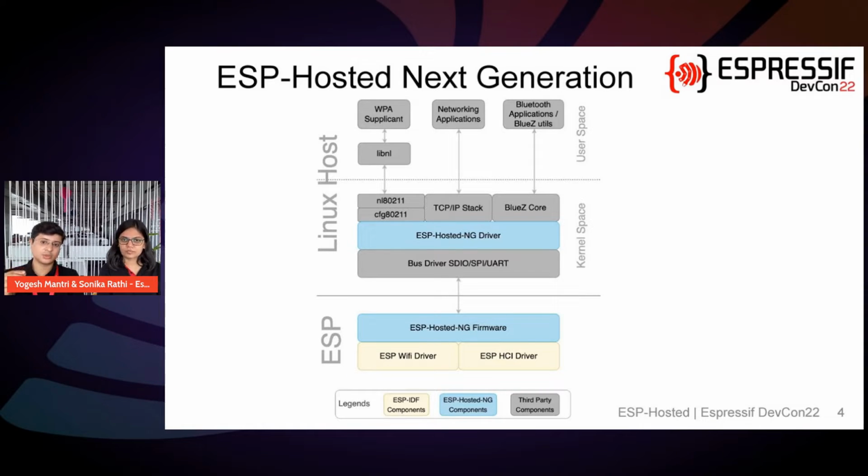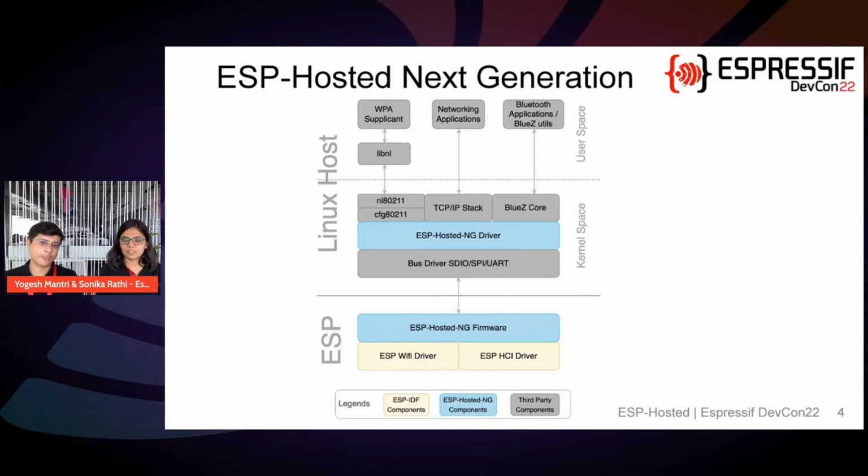It will end up in ESP hosted ng firmware. Here it will take another path, ESP HCI driver, right, and it will communicate using the ESP chipset's Bluetooth controller. It will communicate with your other Bluetooth devices. So this is overall how the Wi-Fi and Bluetooth comes in picture, how they are communicating over the ESP hosted software.